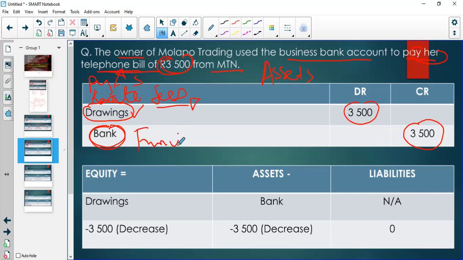If the owner had taken furniture, we would have to credit furniture. If the owner had taken inventory that we use for trading, then we would have to credit inventory. If the owner had taken stationery, we have to credit stationery. If the owner had taken whatever it is, we have to credit that. But we always debit drawings because it's the owner's personal private benefit.